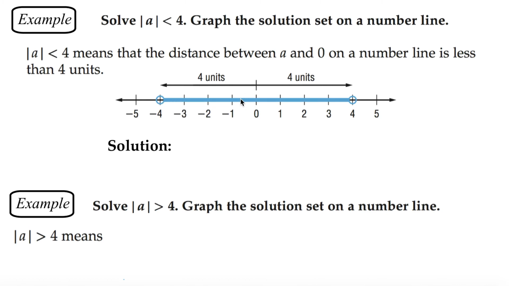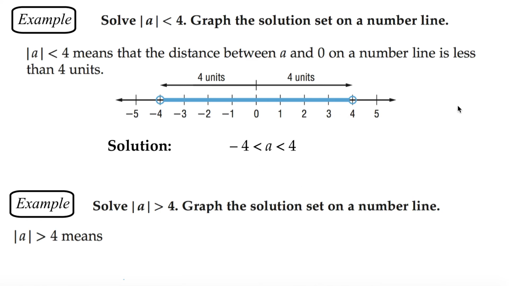So it's all the stuff from 0 up to negative 4 and from 0 up to positive 4, but it does not include the endpoints because there's not an equal to. So our solution is all the numbers less than 4 and greater than negative 4. Those are all the solutions. In interval notation, you would have a parenthesis, negative 4, comma 4, and a parenthesis.